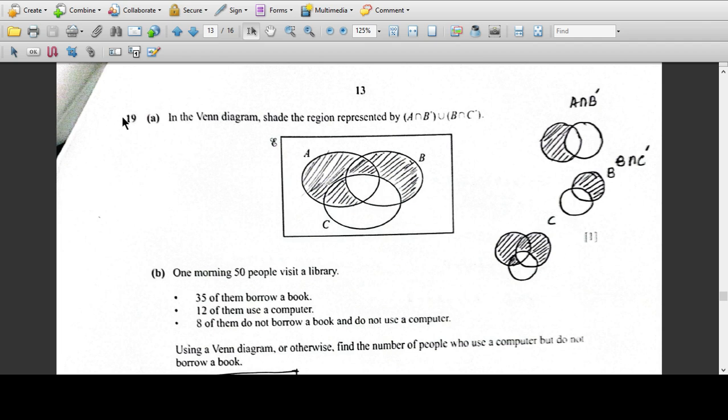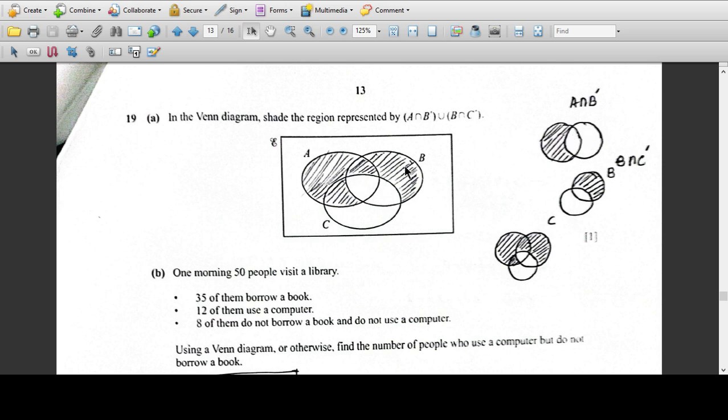In question number 19, in a Venn diagram, shade the region represented by (A intersection B bar) union (B intersection C bar). So A intersection B bar is this.